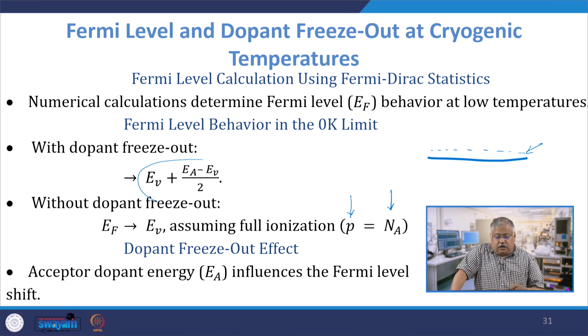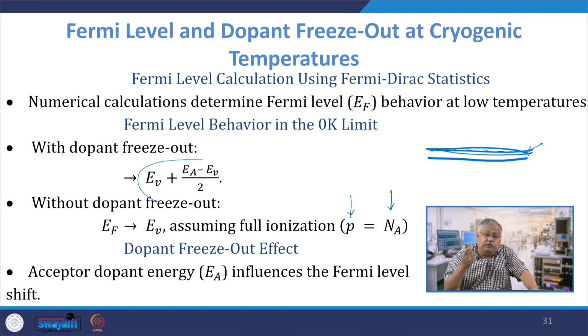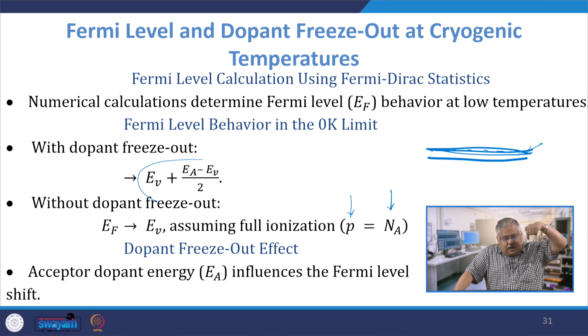The first thing which we learned here is the behavior at low temperature: if you have dopant freeze out, meaning zero contribution of the acceptor species to the semiconductor, then I get EV plus (EA minus EV) by 2. This is your Fermi level with dopant freeze out. Now without dopant freeze out, which means that there is partial ionization or even full ionization, then EF will be almost near EV, and that is the reason I have shown you here.